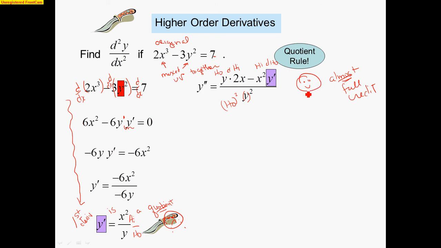The reason you don't get full credit is because the first derivative, because of implicit differentiation, must be left in terms of y, and you don't have a rule for y, so you can't replace this y. In the second derivative, you also have y, and you have no explicit rule for y. You cannot replace these y's.